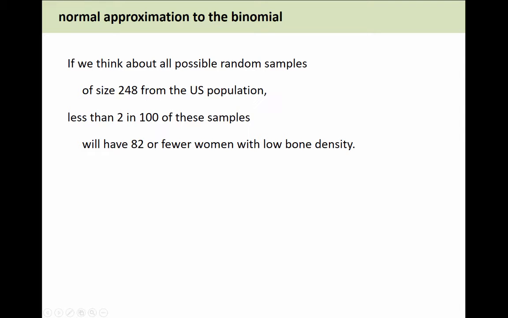If we think about all possible random samples of size 248 from the U.S. population, the calculations we've just done tell us that less than 2 in 100 of these samples are going to have 82 or fewer women with low bone density.